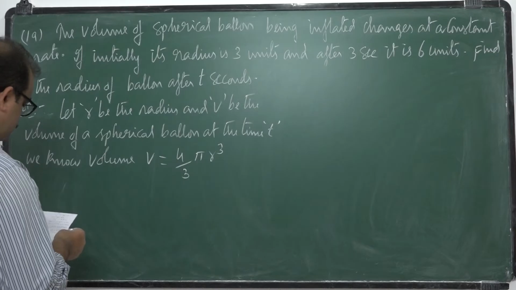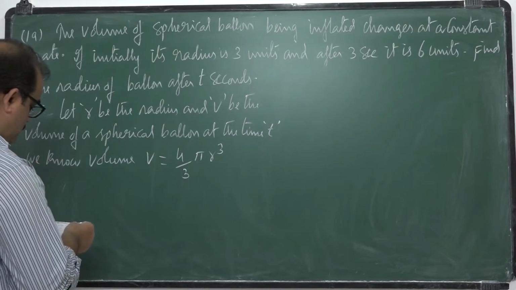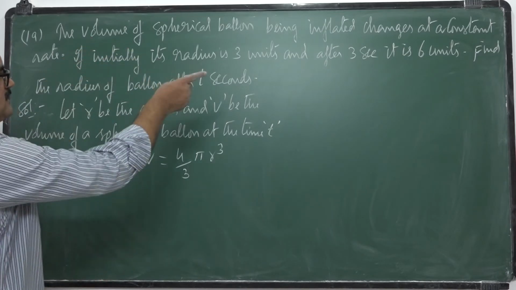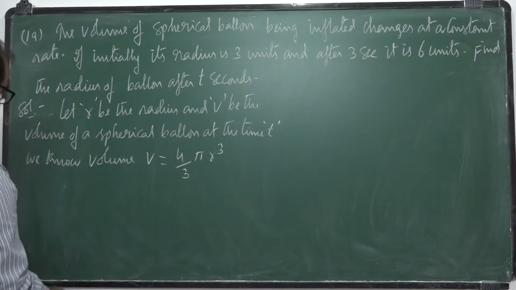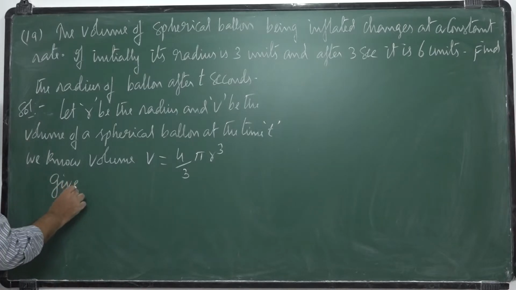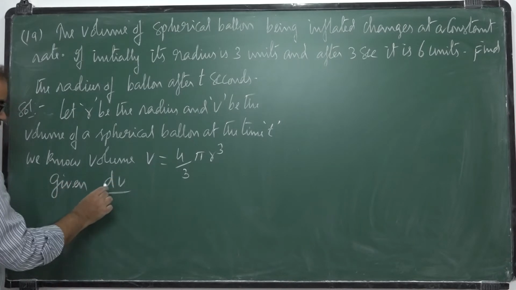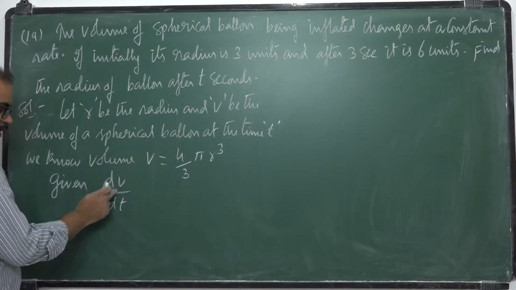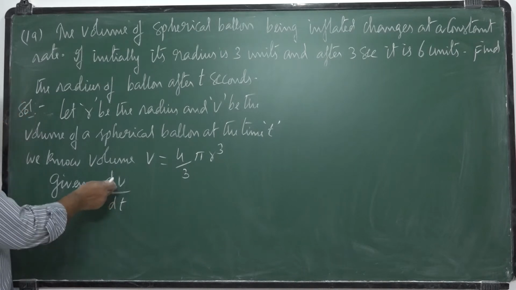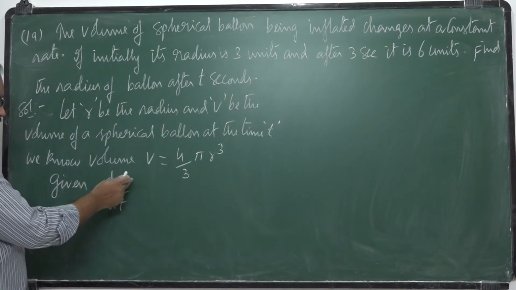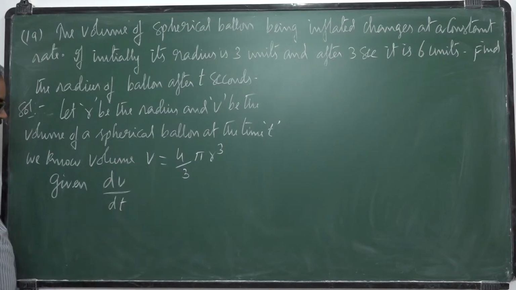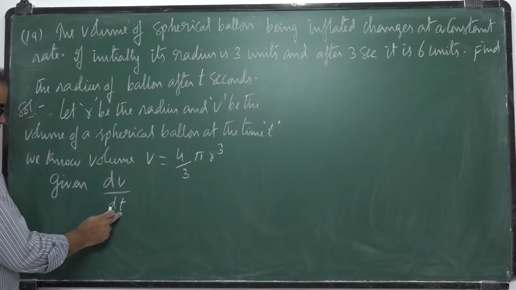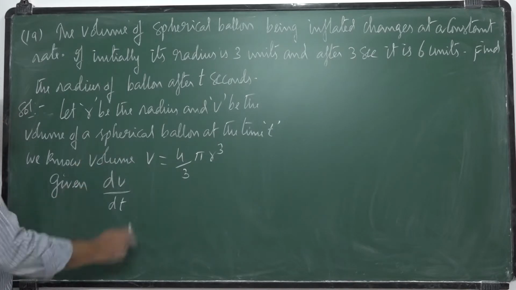In the problem, what is given? The volume of the spherical balloon changes at a constant rate. The rate of change in volume with respect to time is denoted by dV by dt, just as dy by dx is the rate of change in y with respect to x.